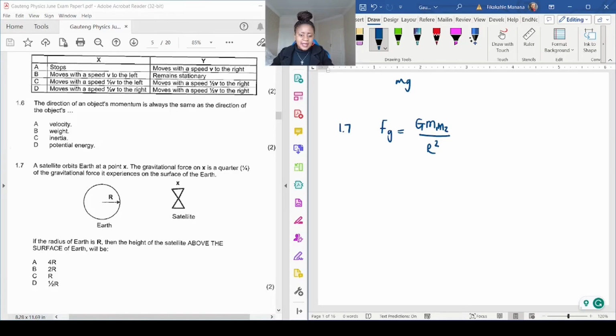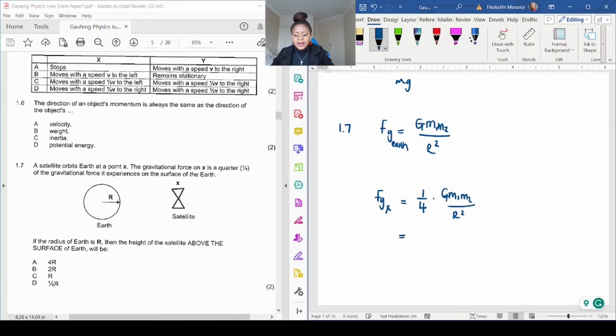And now they tell us that the gravitational force on X is a quarter of that experienced on Earth. So let's just say this is what's happening on Earth. Now, experienced by X, it's really just going to be a quarter of G mass 1 mass 2 over R squared.